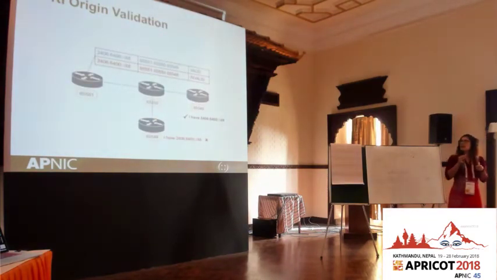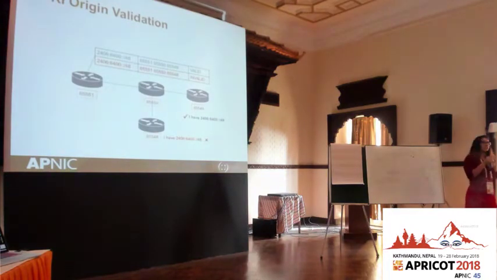And there's the other side of RPKI. So that first part is generating the information, and then that can be validated, and that will then be used by the routers to decide what to do with the BGP messages that they are receiving. So let's say this router implements what we call RPKI origin validation.